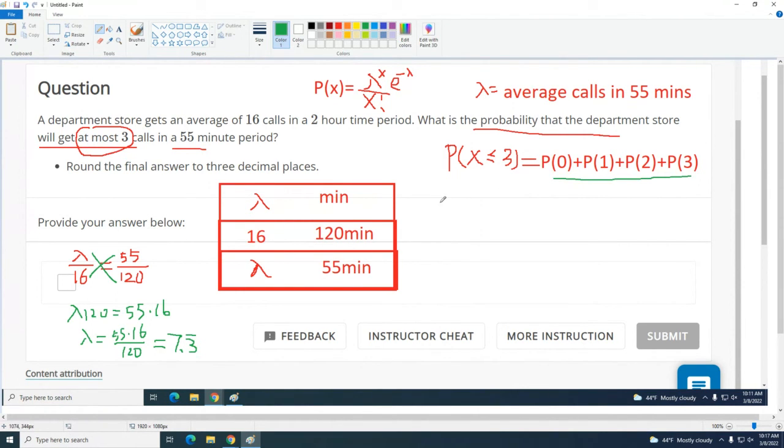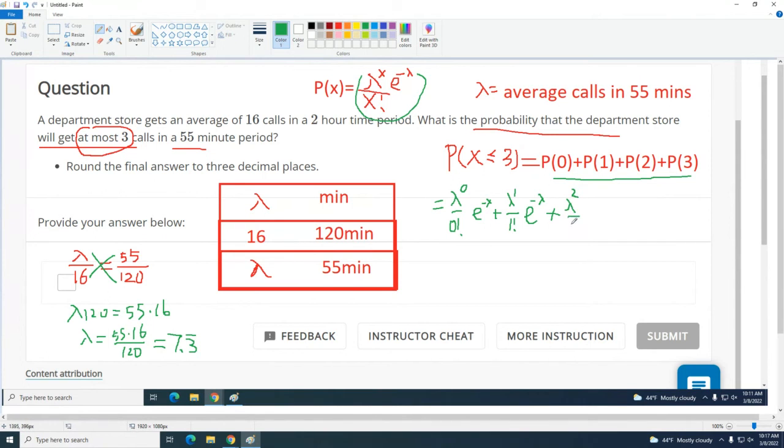We are supposed to do 4 calculations of the same format. They all follow the same format. So let's write it. We'll go lambda to the power 0 over 0 factorial, and then e to the negative lambda, plus lambda to the power 1 over 1 factorial, e to the negative lambda. This is all algebra. Let's try to figure out a way to make the calculation concise.